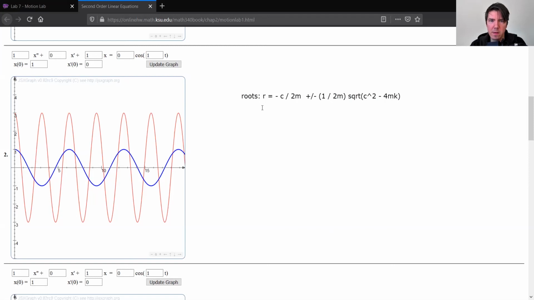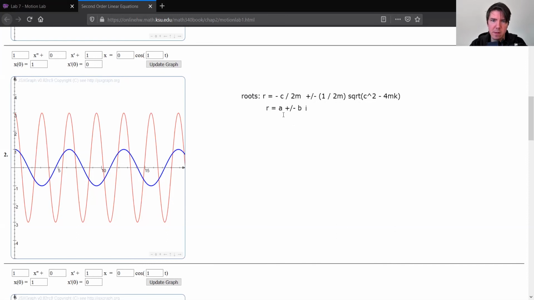Another way to write this is r is equal to, if we just relabel, A plus or minus B. I can't quite say just B, because we could have an i there.